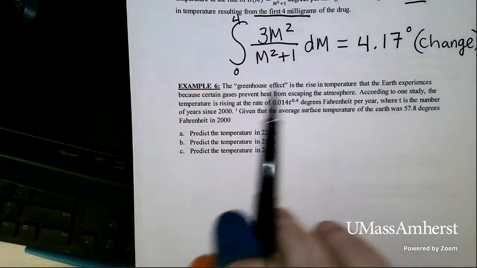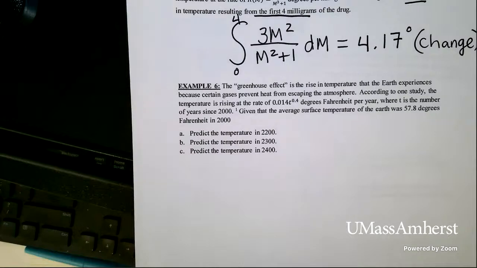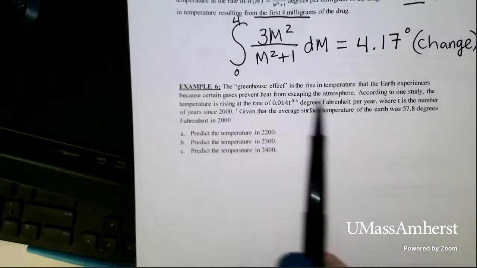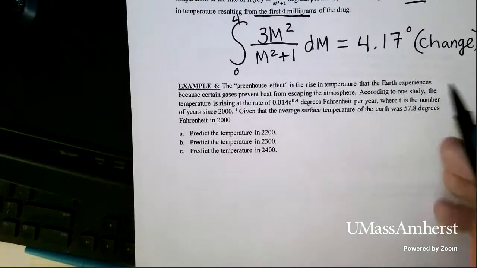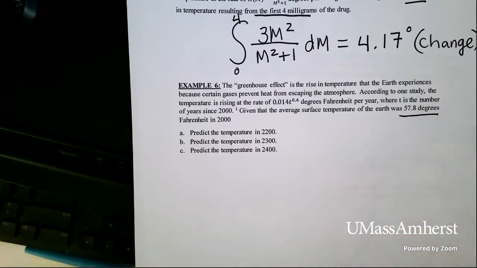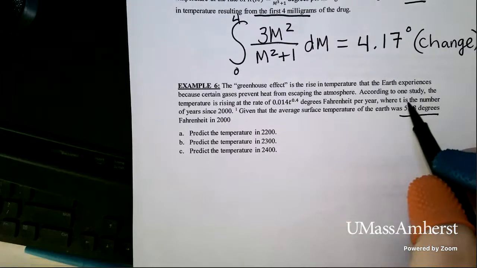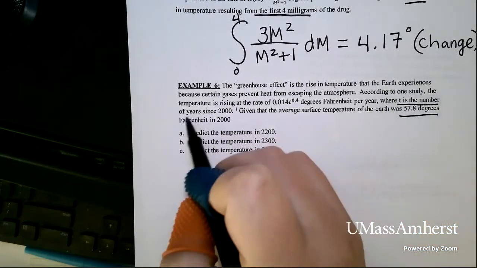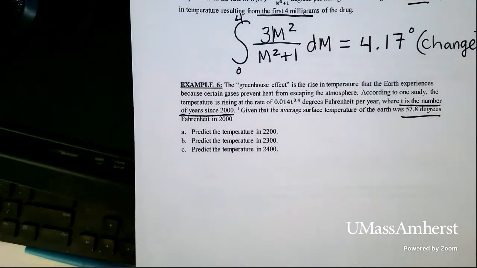So what is the impact of this greenhouse effect, right? We know the rate that's going to change our temperature. We know the current temperature, right? This is the current average surface temperature. And we also know that we are measuring since the year 2000.